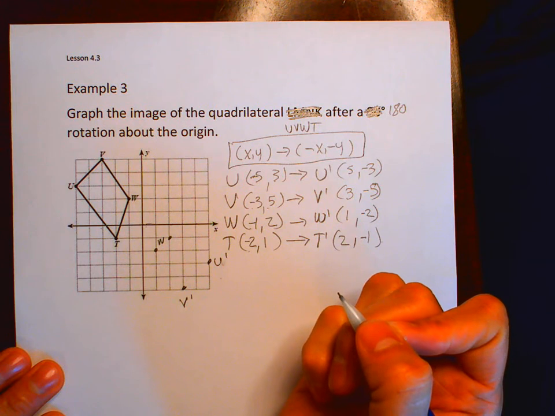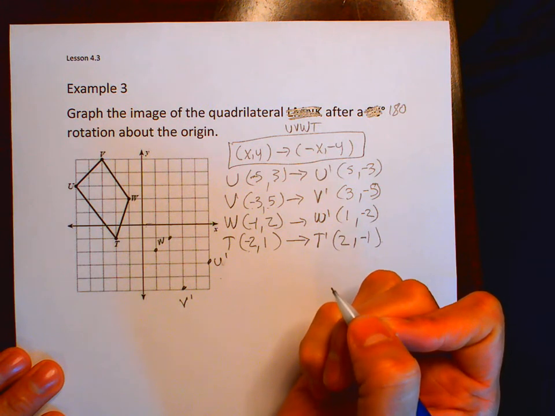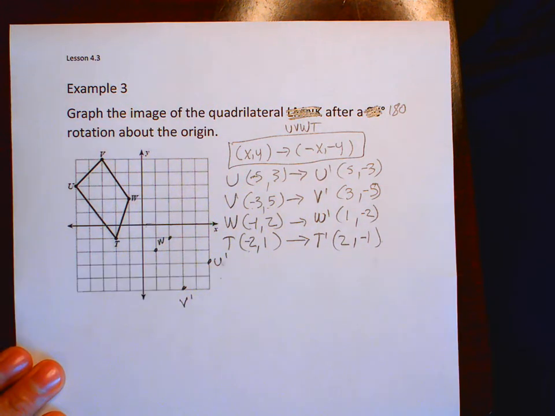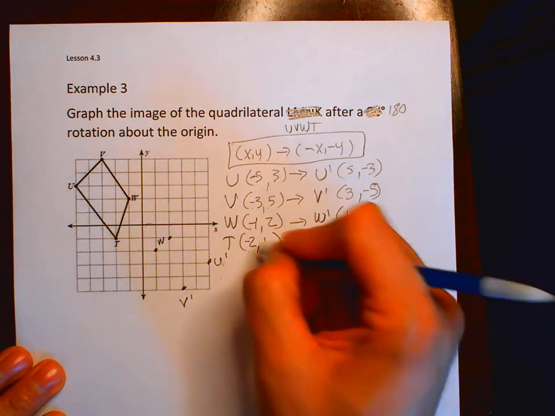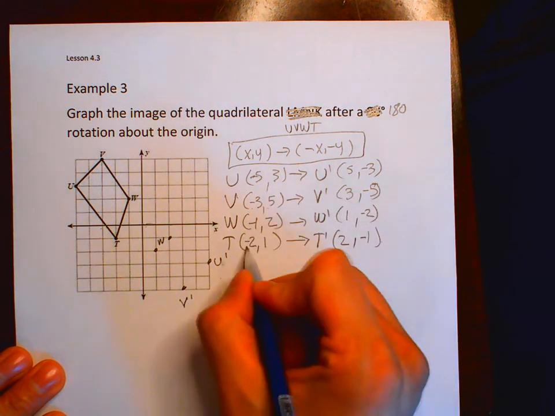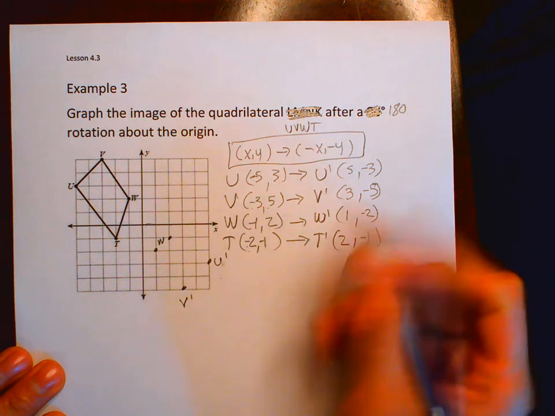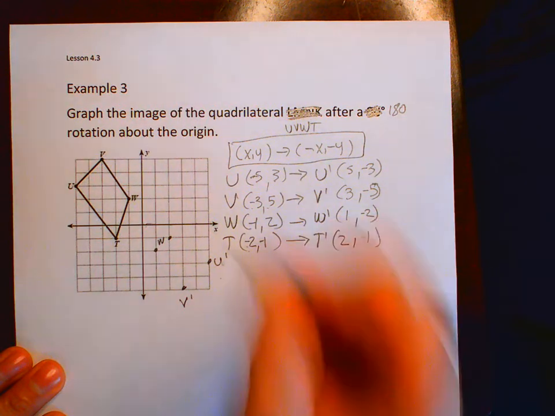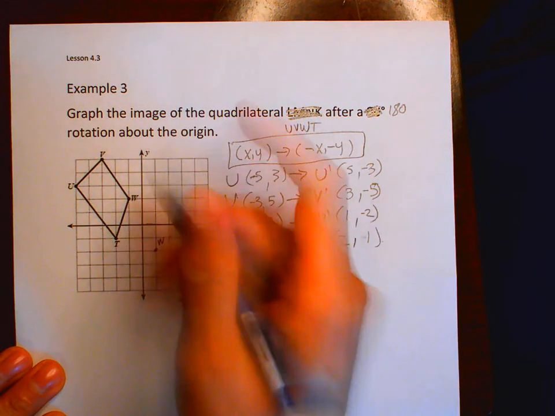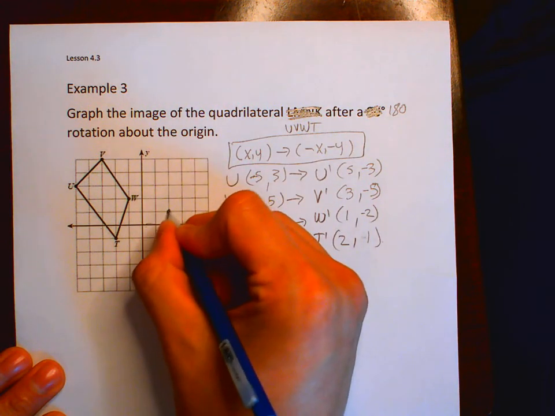Hold on. There's something wrong. Yes, there was something wrong. My original coordinate was not -2, 1. It was -2, -1, which means that this is going to be 2, 1. Okay, so 2, 1 is right there.